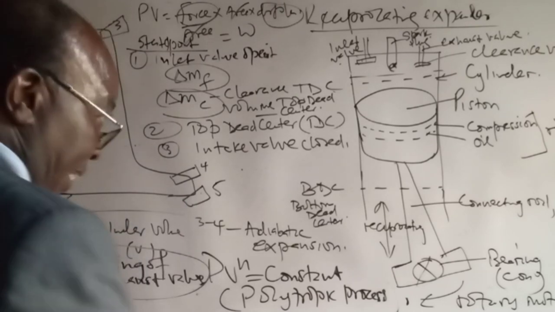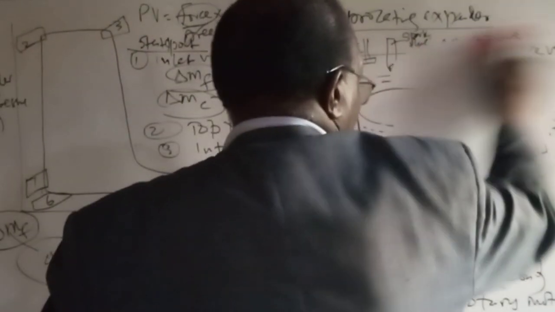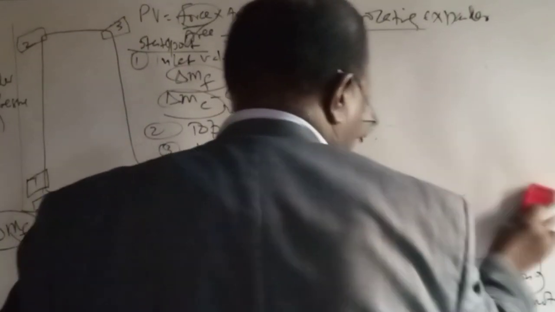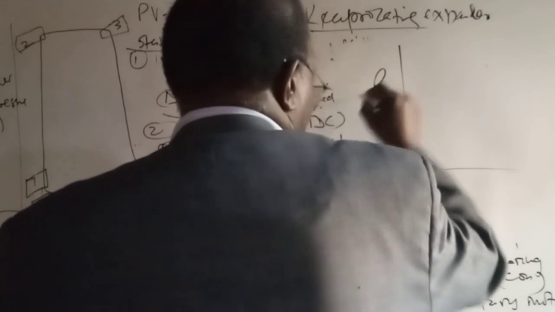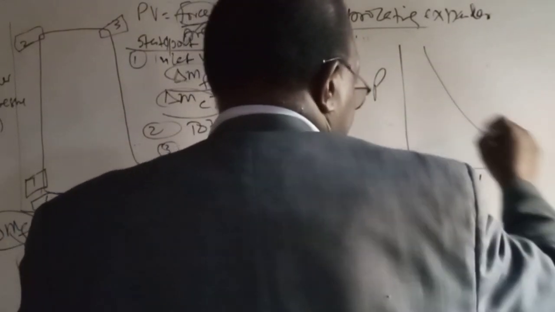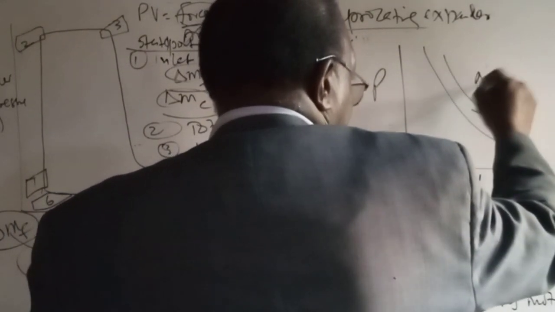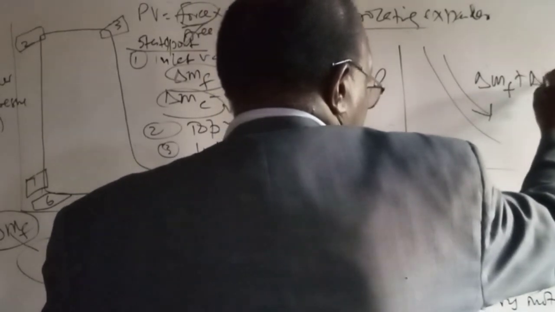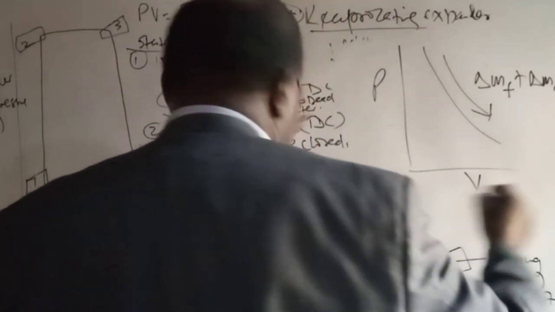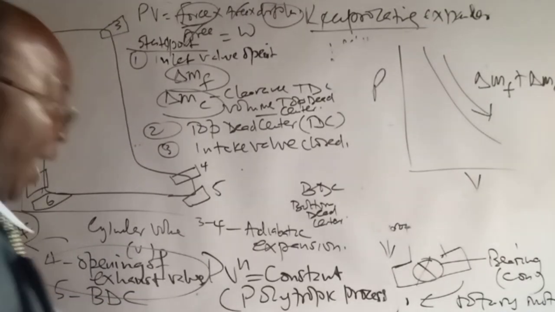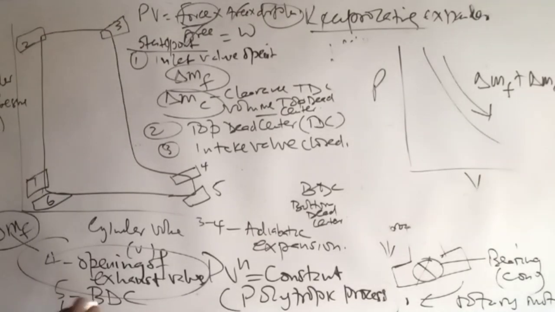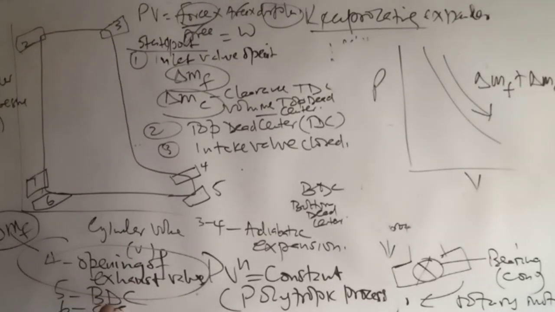So what are we saying? We are saying that you can graphically represent this on P and V axes. We have delta MF plus delta MC, and then after the exhaust, opening of exhaust, and then at 5 we have the bottom dead center, and then of course at 6 we have the close exhaust valve.